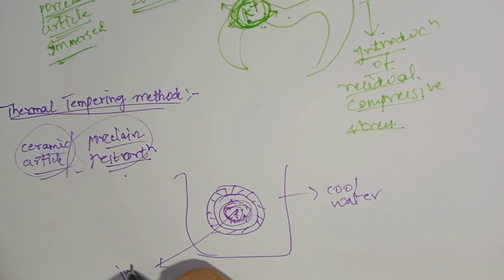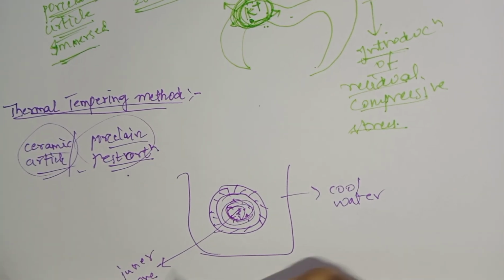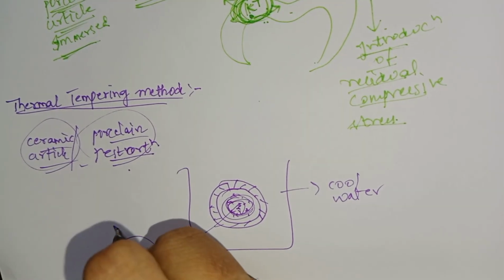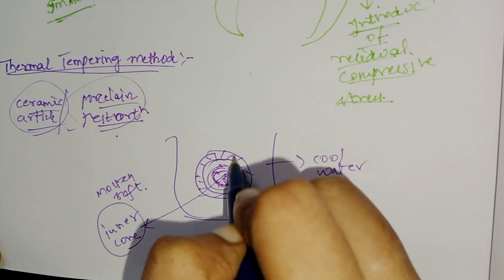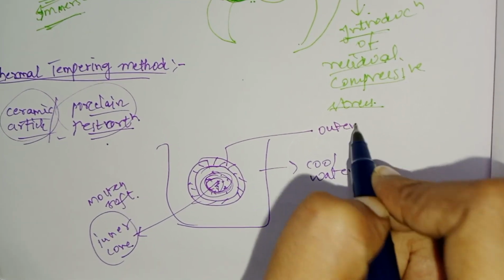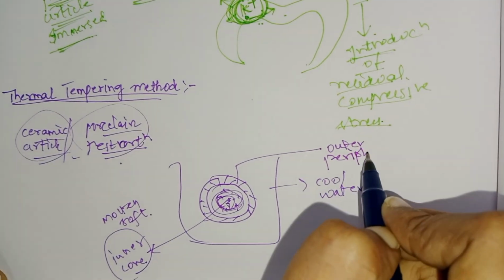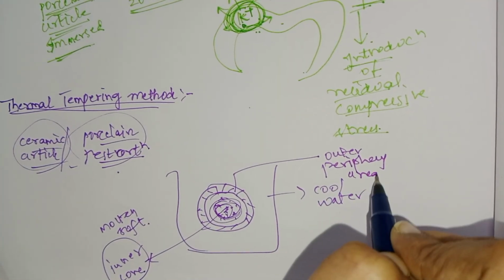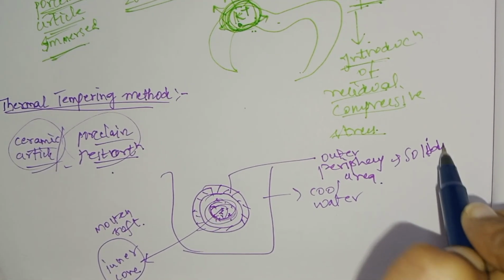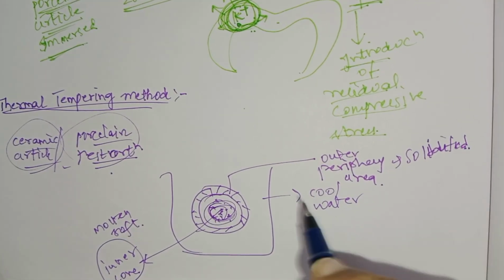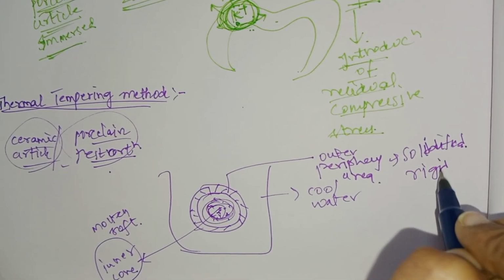The inner core is molten and soft, whereas the outer periphery gets solidified and rigid.